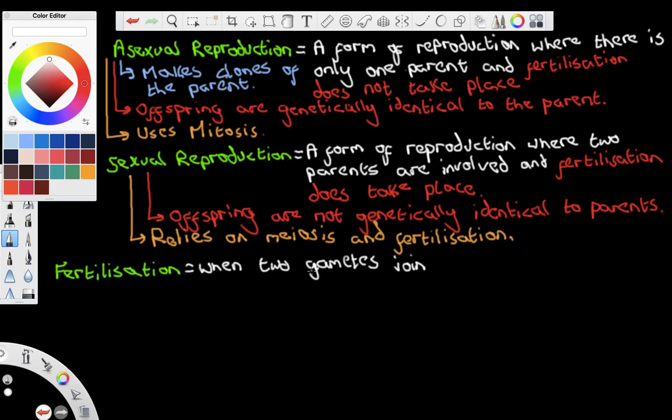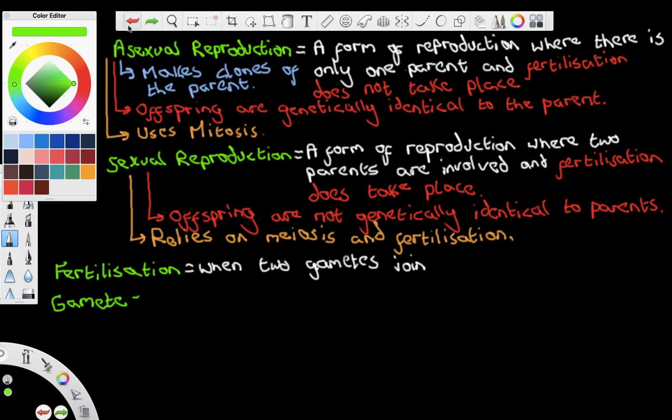Now, gametes are sex cells, such as the sperm and the egg. Okay? So a gamete can be defined as the male and female sex cells.